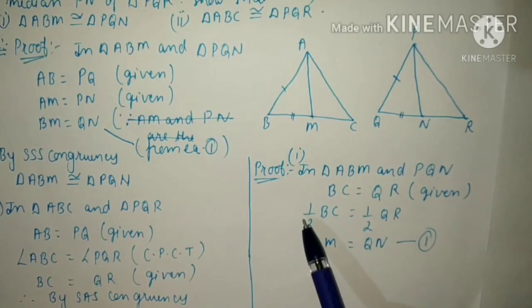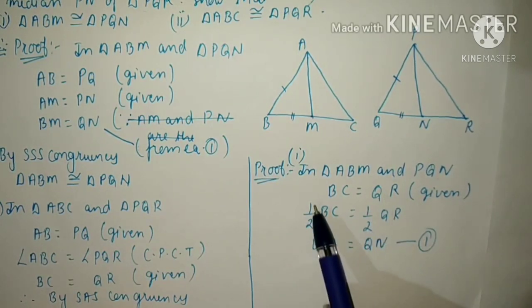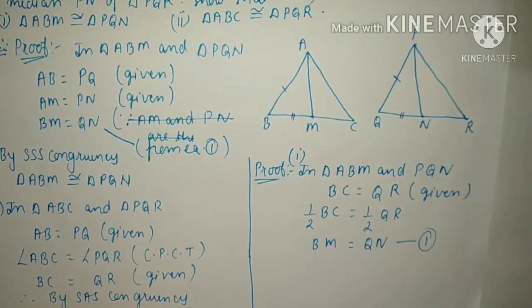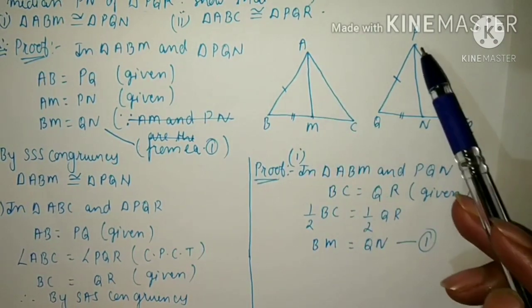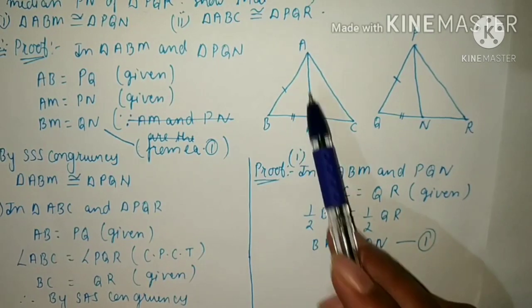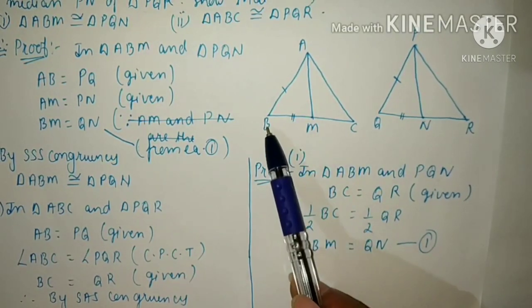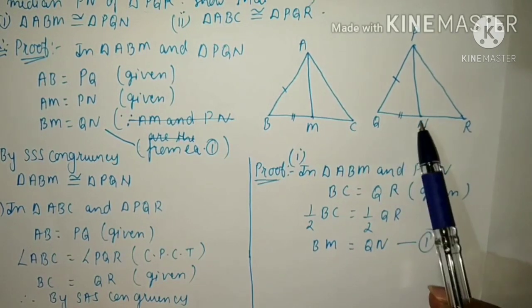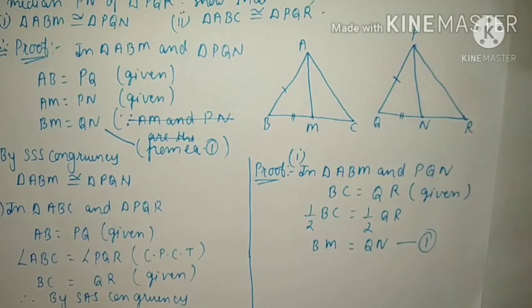So take the half of both the sides. Half of BC is equal to half of QR. Now since AM and PN are the medians of these two sides, these two sides will be equally divided. That means BM will be equal to MC and QN will be equal to NR.